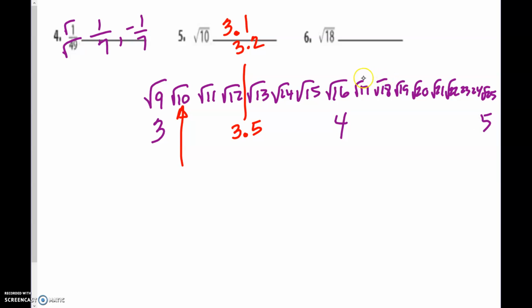Right in between, right here is basically going to be your 4.5. So this would be about 4.1, 4.2, 4.3, and 4.4. I would say 18 is right around 4.2.